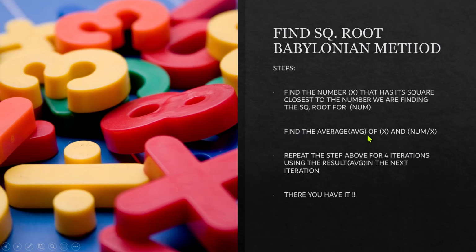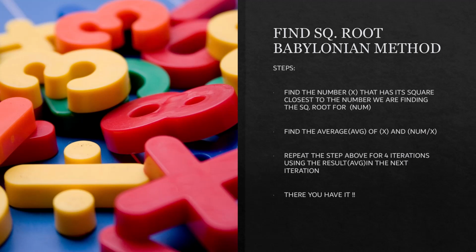Then we find the average of x and num over x. Now why are we doing this? Because if we say x, we could be getting an overestimate in terms of the closeness to this number. And if we say num divided by x, we could be underestimating. So we take an average of both.